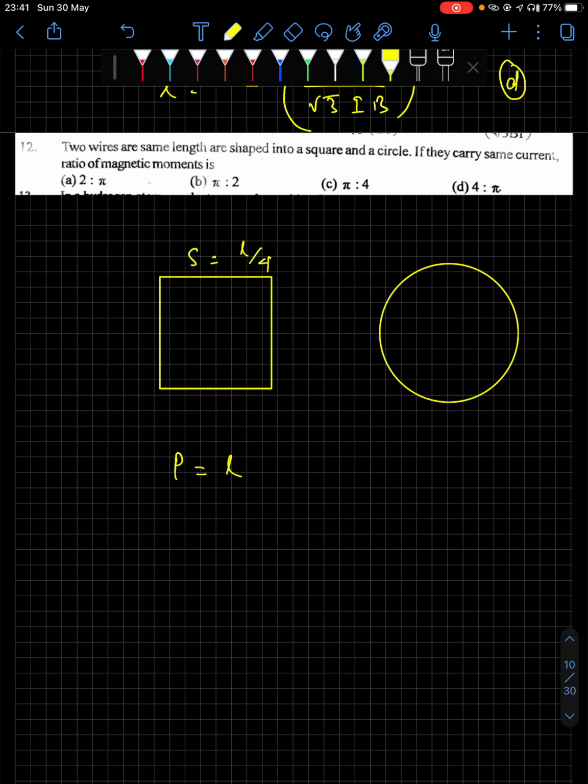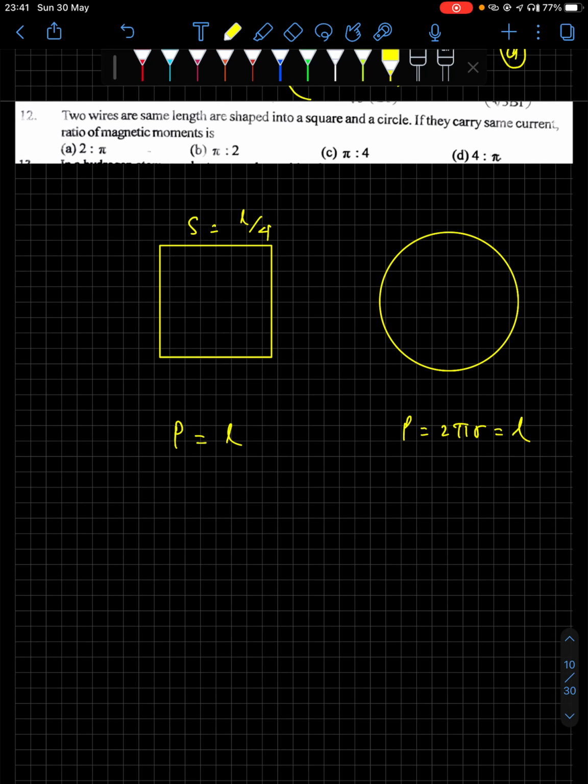Now in the case of the circle, your perimeter relation is 2 pi r, and this 2 pi r is L, because the square and circle are made of wires of the same length. Here r is the radius of this circle.